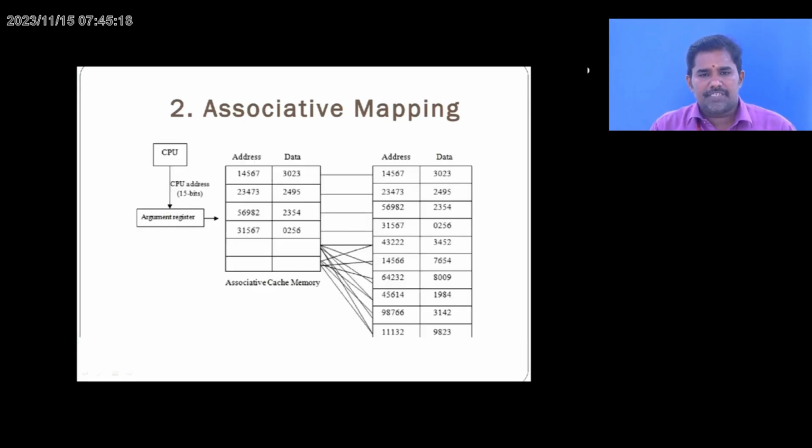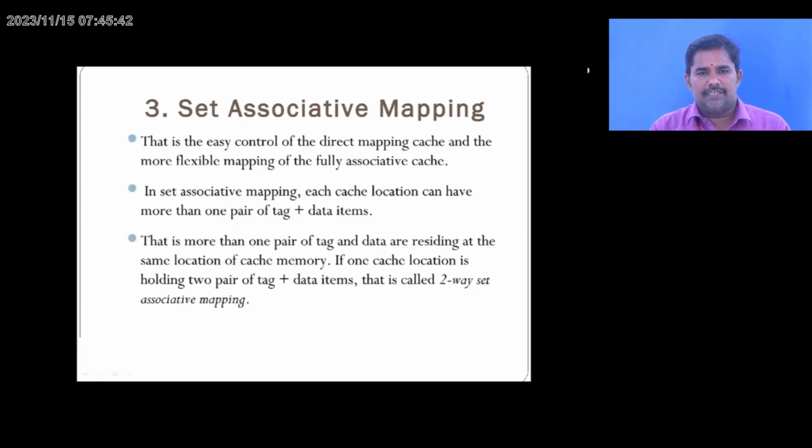The figure represents the associative memory, where the memory contents are associated with its address and data. The associative memory is connected directly to the CPU, and it has a field of address and data, so we can directly map the address position to cache memory.